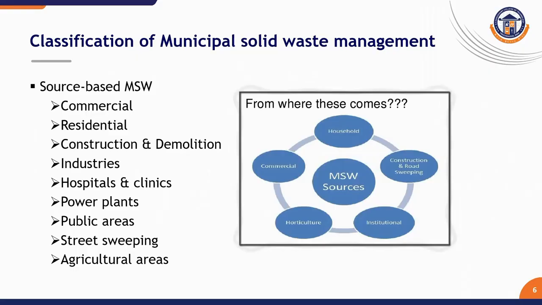So first one is commercial waste, the materials coming out from commercial buildings, for example shops. The second one is residential, the waste material coming out from residential areas. Construction and demolition waste includes debris, bricks, concrete, tiles, etc. It is also called bulky or non-biodegradable waste.